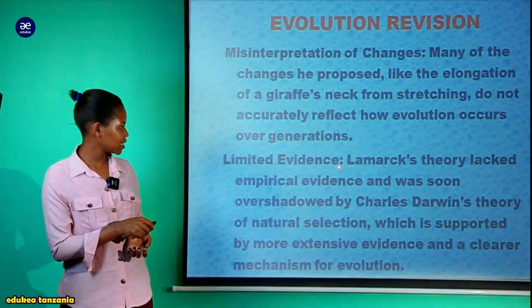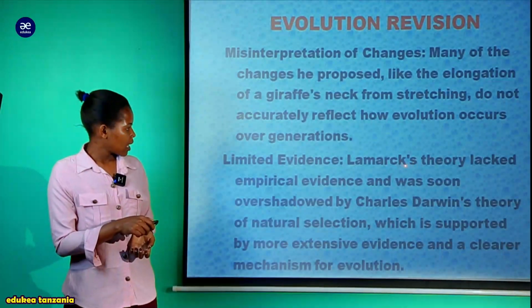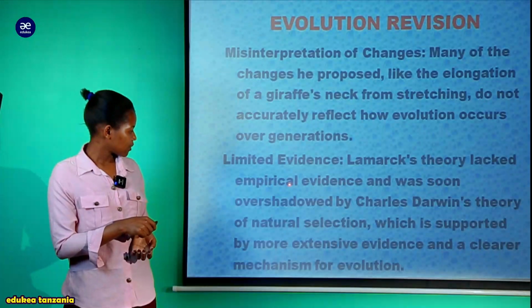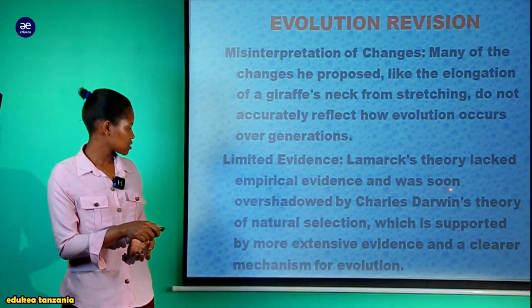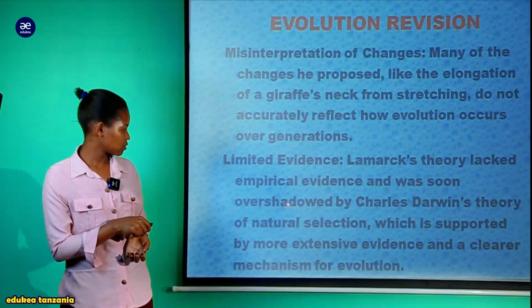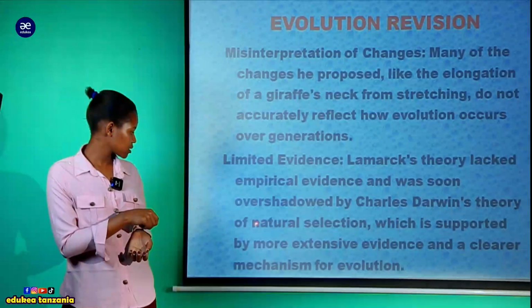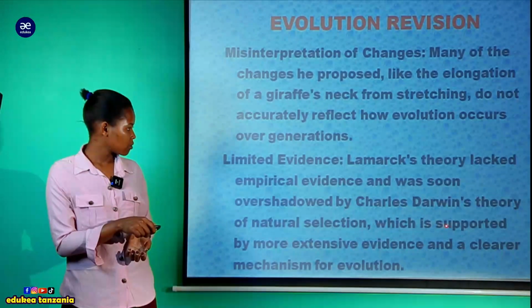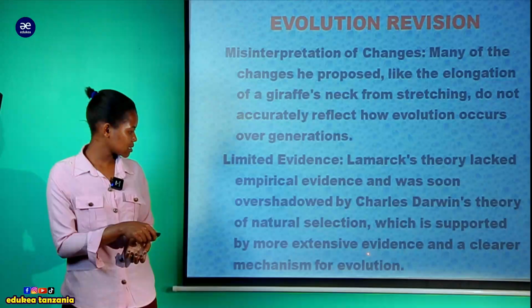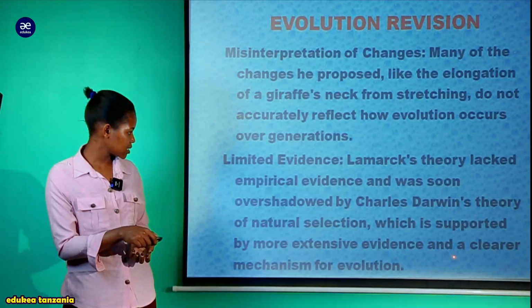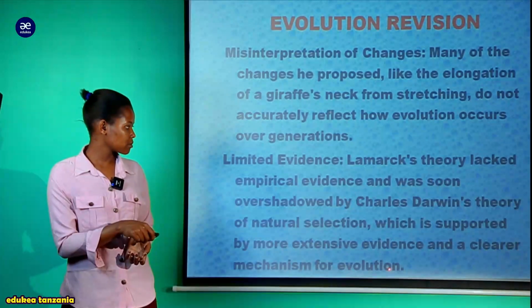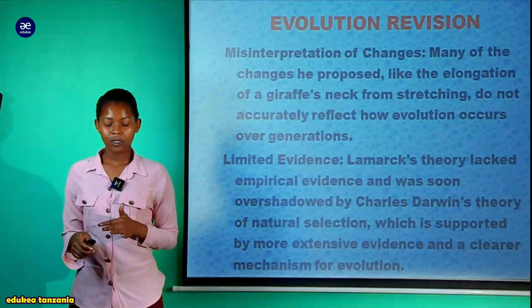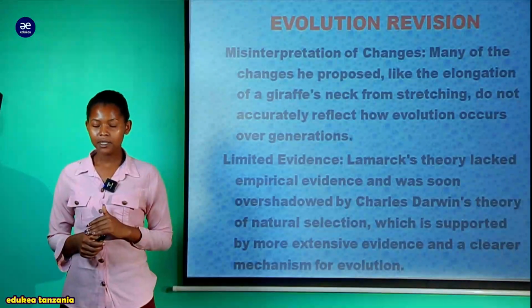Again, limited evidence. Lamarck's theory lacked empirical evidence and was soon overshadowed by Charles Darwin's theory of natural selection, which is supported by more extensive evidence and a clear mechanism of evolution. Kitu kingine ambacho Lamarck alikosa ni limited evidence.